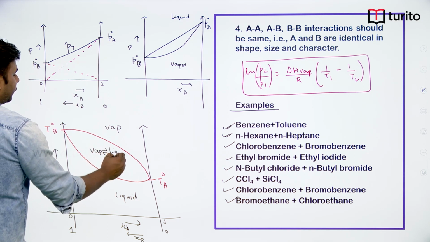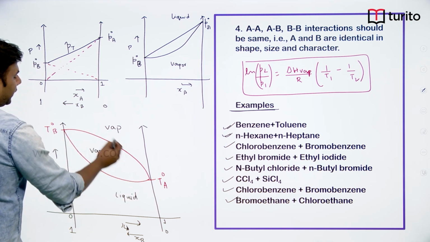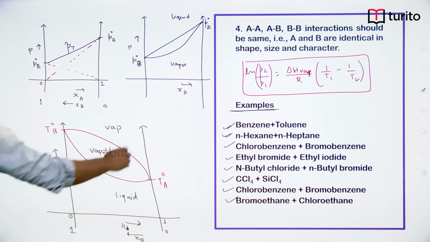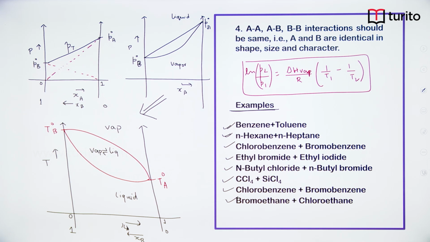So this is your vapor curve, this is your liquid curve, and the region between them represents liquid versus vapor. So this is the transformation of this graph into a temperature versus mole fraction graph. Just write it down. This is important, because we will study distillation of ideal solutions through this graph.